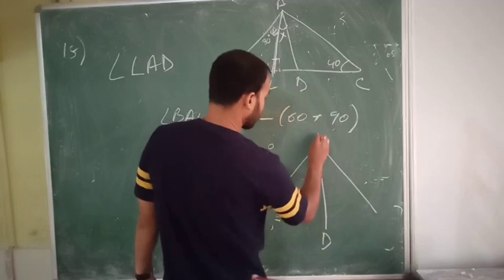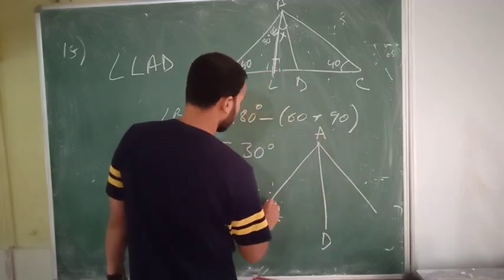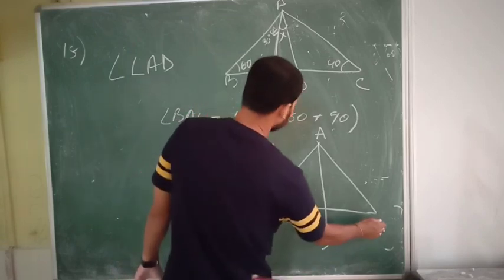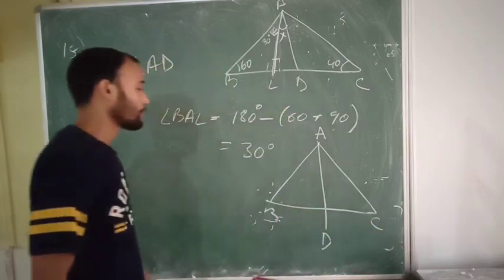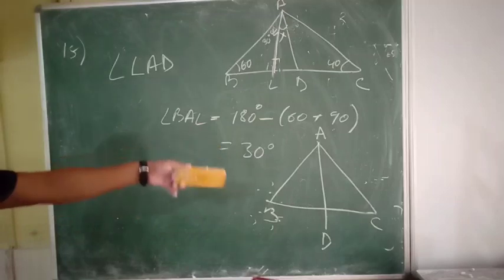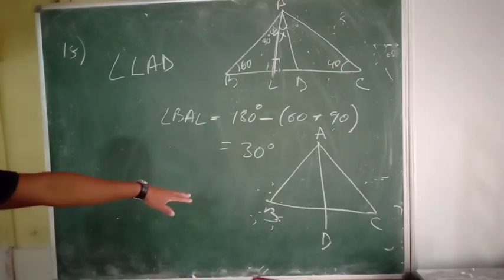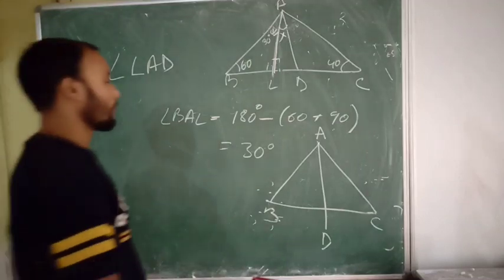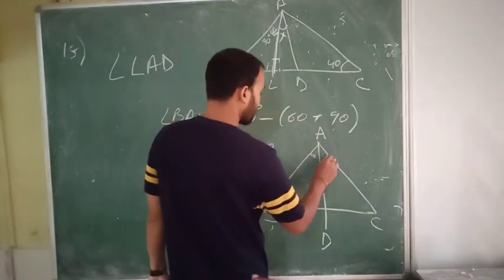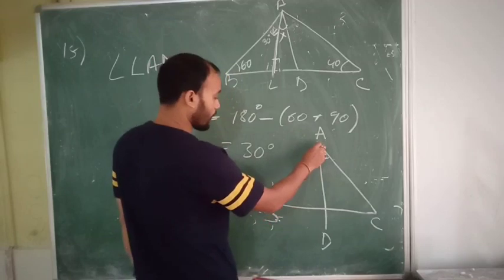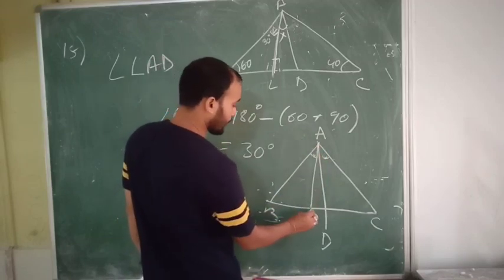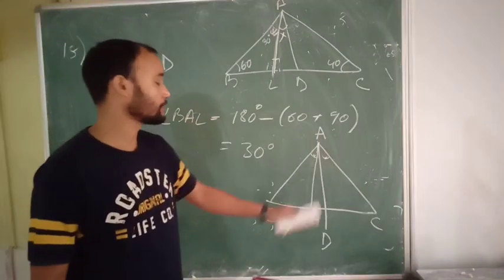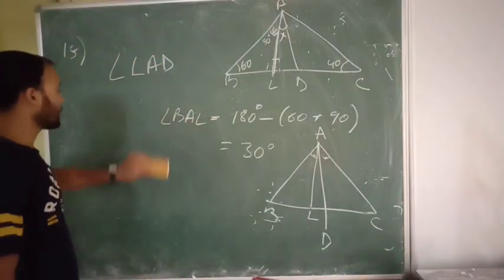AD divides BAC into BAD and DAC, equal parts. This angle is equal to this angle. But here one small angle is added, that is L. We are asked to find this angle. In order to do this, we need to find equations.